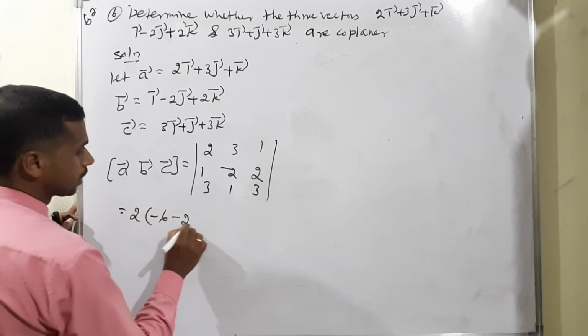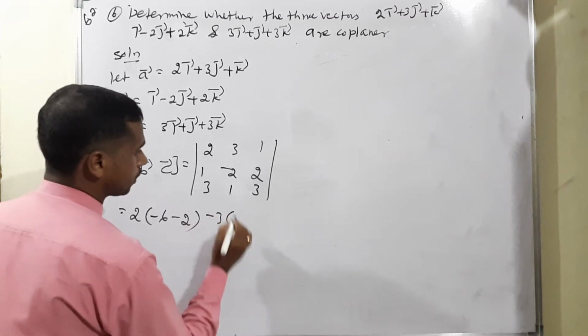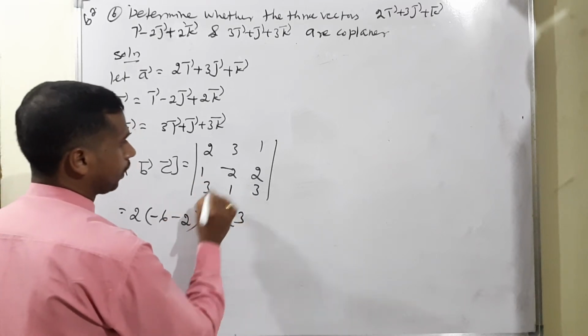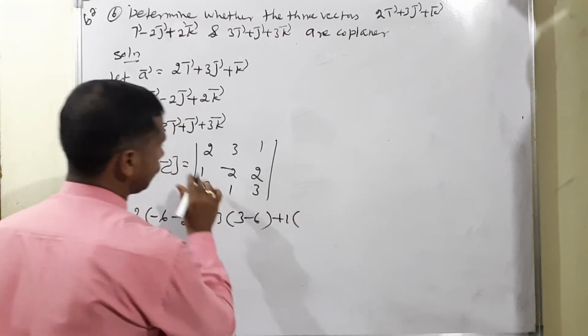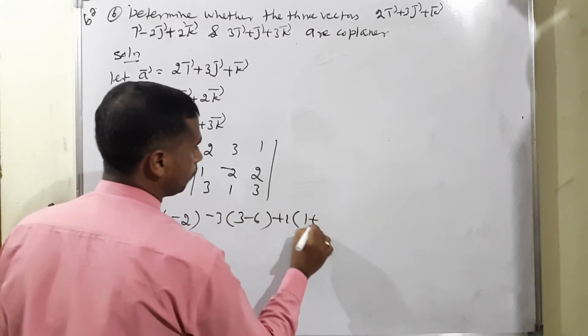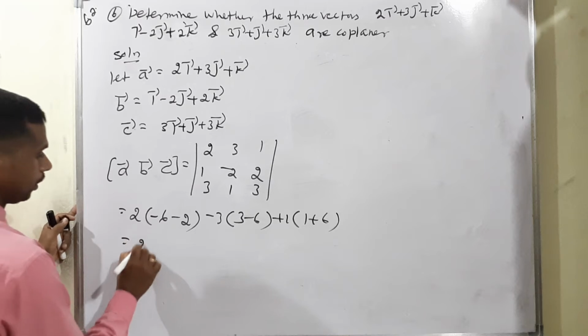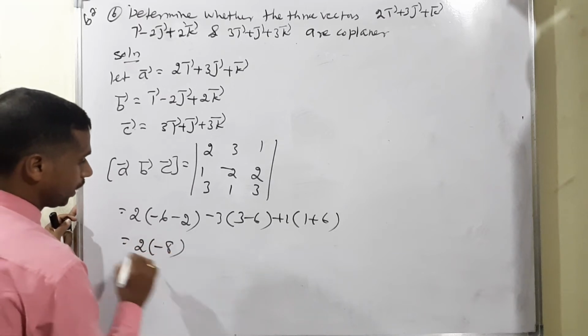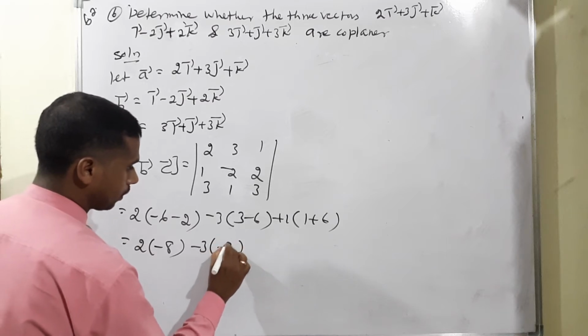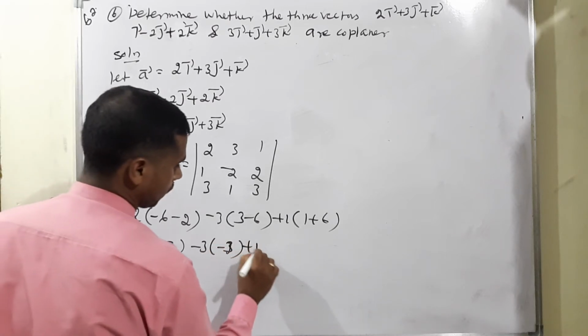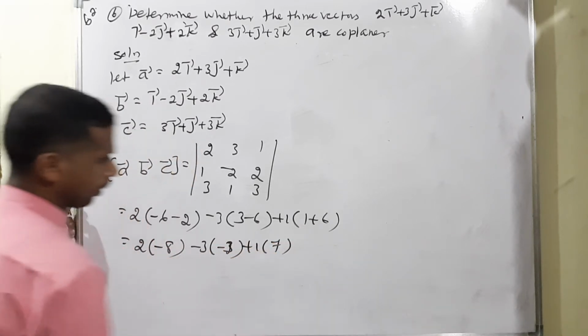Cross multiply means minus 2. Again minus 3. 1 into 3, 3. Cross multiply means minus 6. Then plus 1 into 1, ones are 1. Cross multiply means positive 6. Again minus 6 minus 2 means minus 8. 3 minus 6 minus 3. So plus 1. 6 plus 1 is equal to 7.